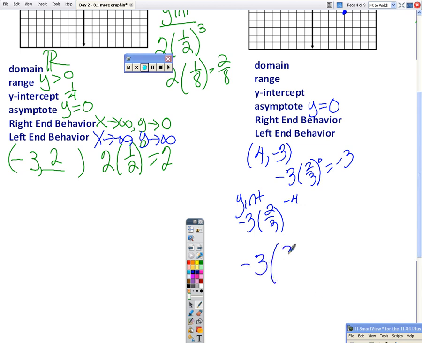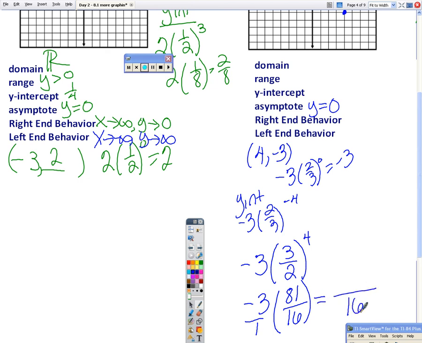Because of that negative exponent, I can flip the fraction and make the exponent positive. And now 3 to the 4th is 81, and 2 to the 4th is 16. This is over 1. So when I multiply across, I get 16 on the bottom, and on the top, it's negative 243.